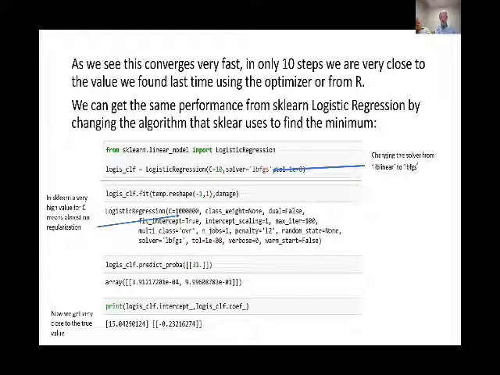But you can also use this method in sklearn. Here is the logistic regression class, and here we instantiate a logistic regression classifier. If you don't write anything here, then it'll use the solver liblinear, which is the gradient descent.